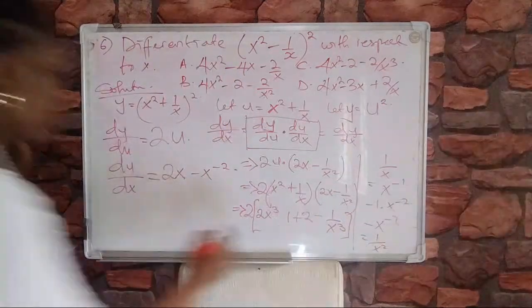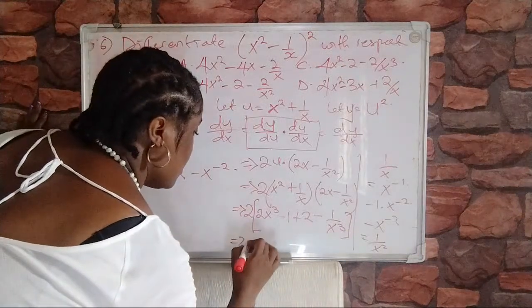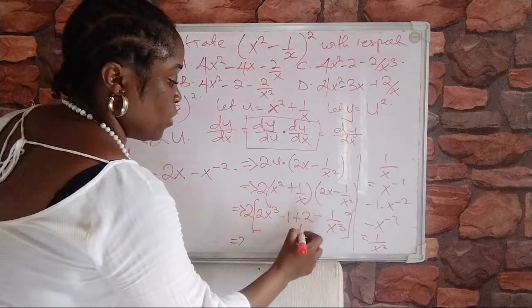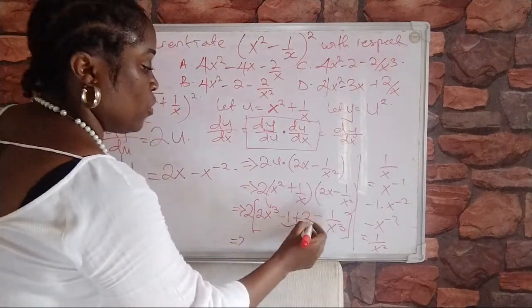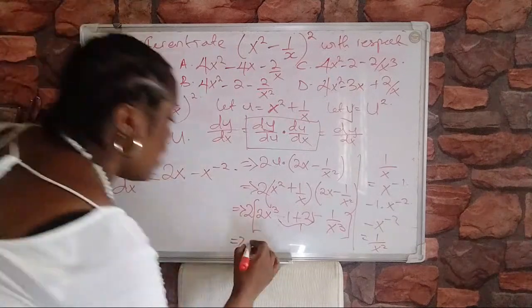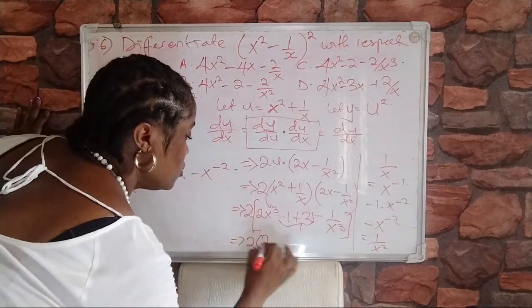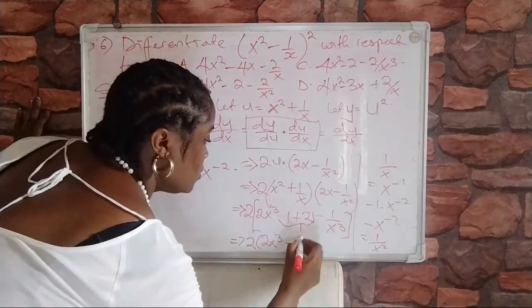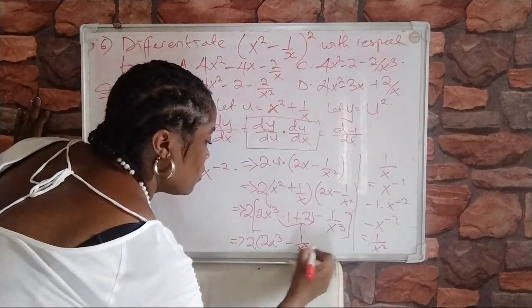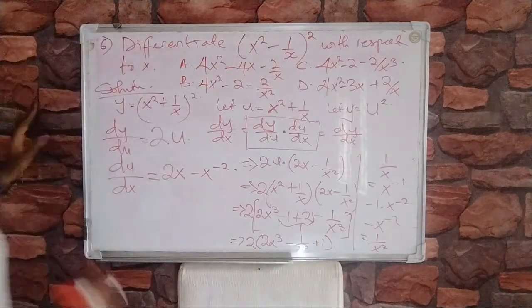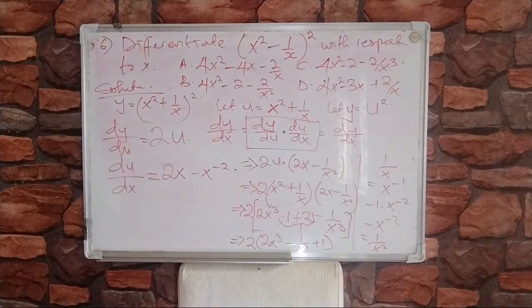So if I expand this, first of all, 2 minus 1 will give us 1. So we'll have 2x cubed minus 1 over x cubed plus 1.